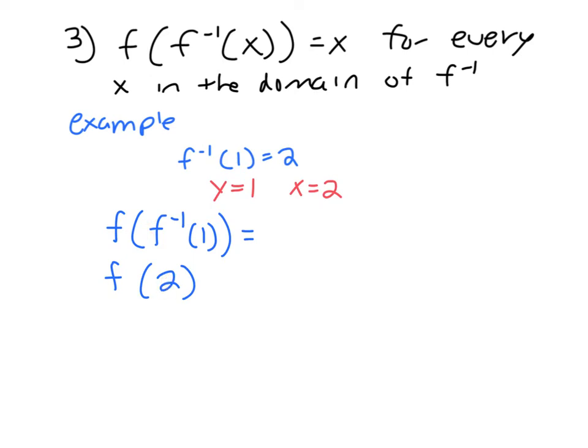So I just plug in 2, and then what is f of 2? Well, f of 2 is equal to the y value, which is 1. So f of f inverse of 1 equals 1. So you see this property is holding.